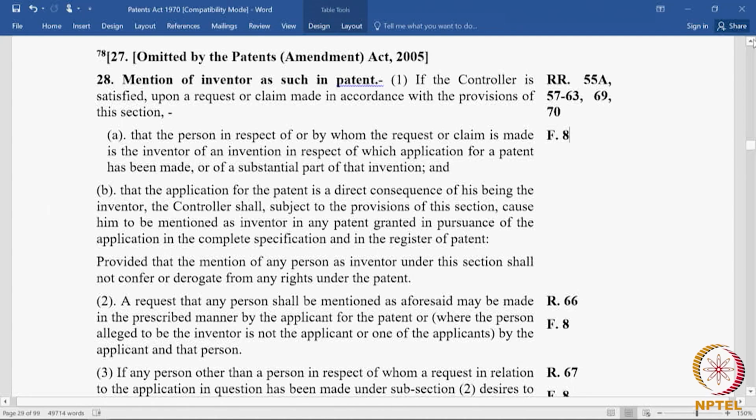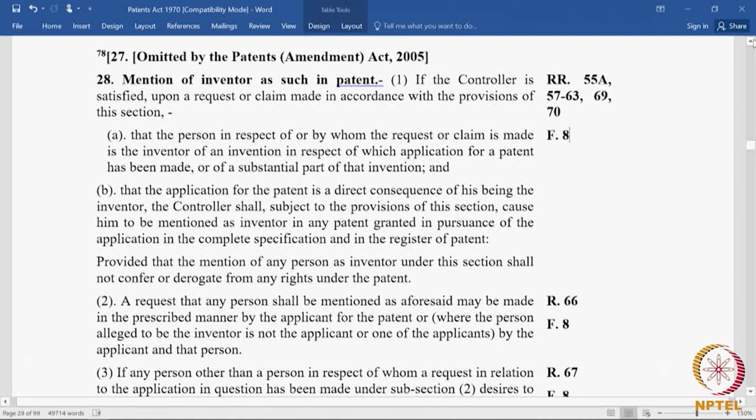So, the person who can file form 8 is either the applicant himself, and if the applicant is also the inventor, then it is a clear case. There is probably a clerical error where the inventor was not mentioned, then the applicant can request this change to be made.